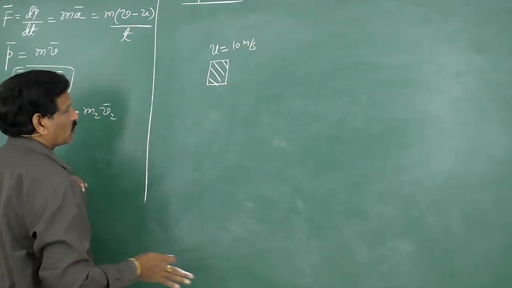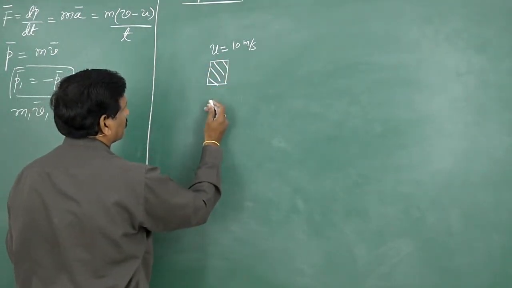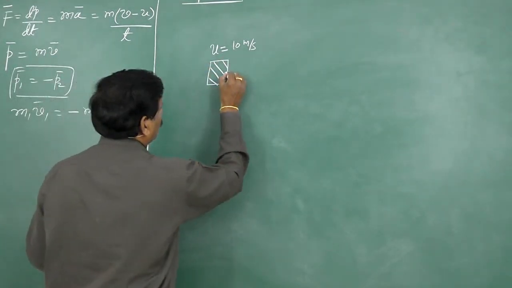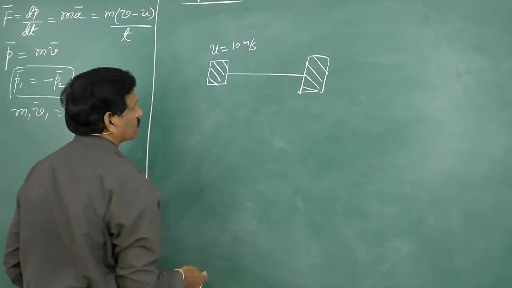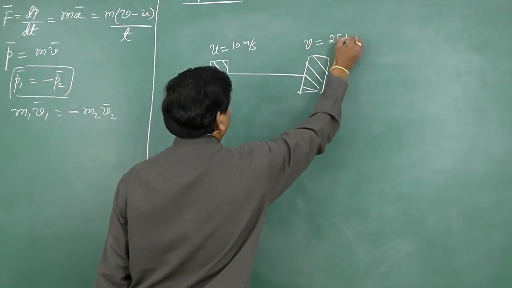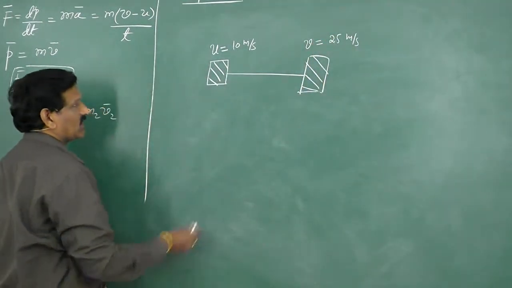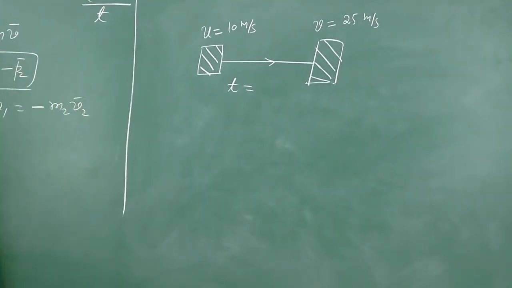Initially it is in motion, so the initial velocity is given as 10 meters per second. And force is applied on this body. Because of the force, the velocity acquired by the body is 25 meters per second after a time of 20 seconds.